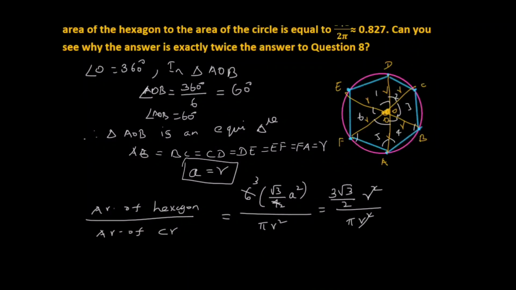Pi r squared, R and R cancel. So we are getting 3 root 3 by 2 pi. Replace the values. 3 into 1.73 divided by 2 into 3.14. We will be getting the approximate value 0.827. Thank you.